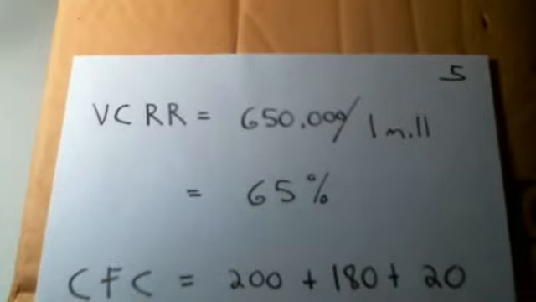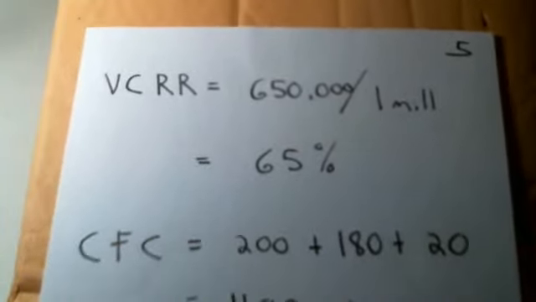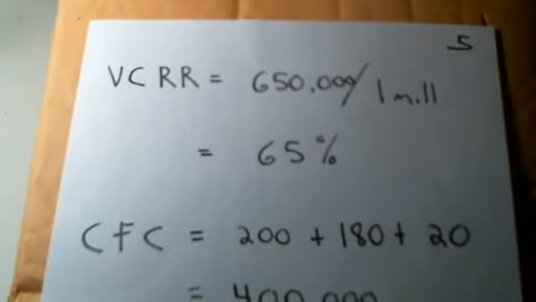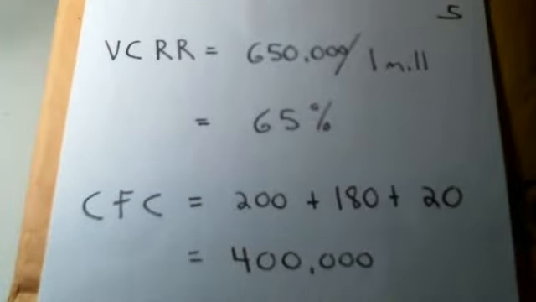From the data I just gave you, our ratio is going to be 650, the cost of goods sold, over the projected revenue of 1 million. That leaves you a 65% ratio.